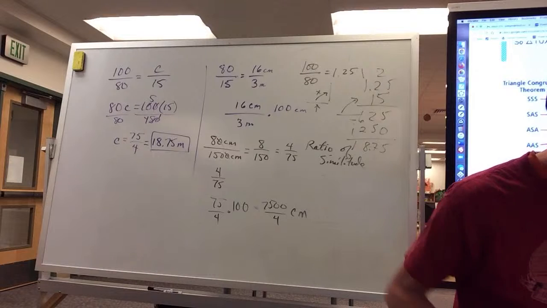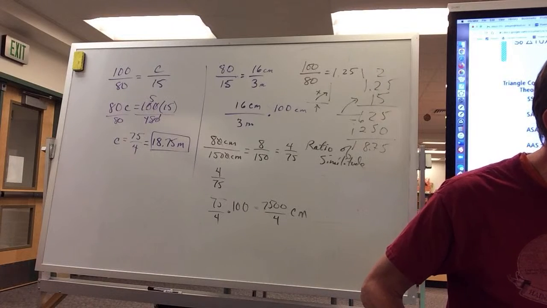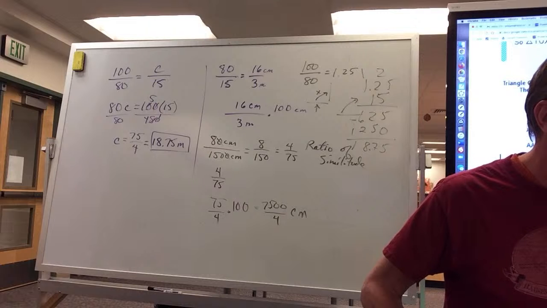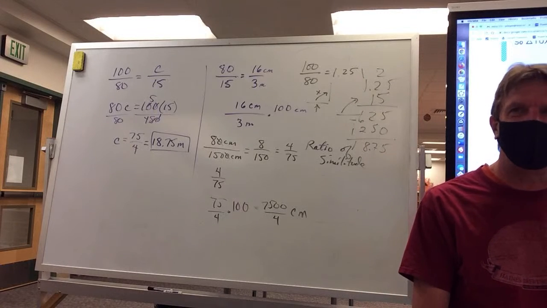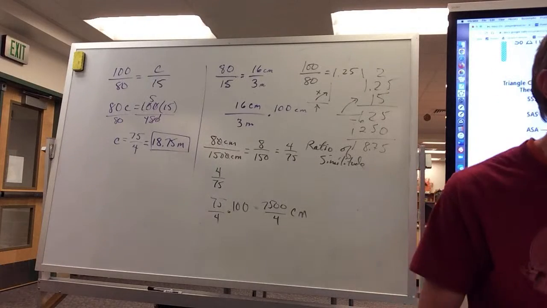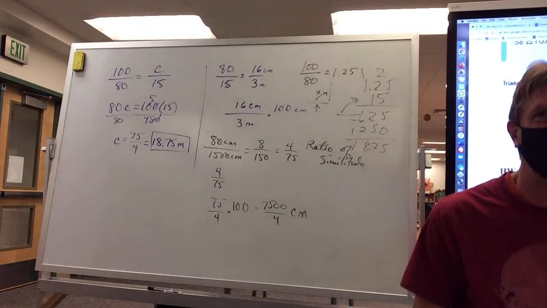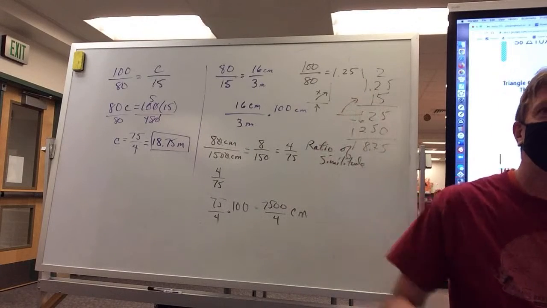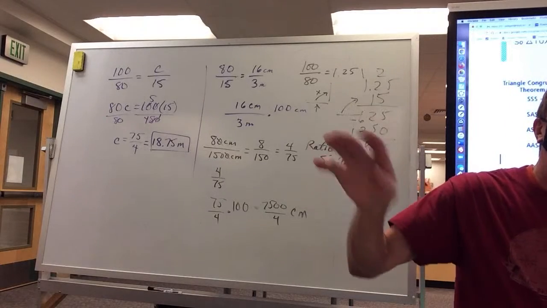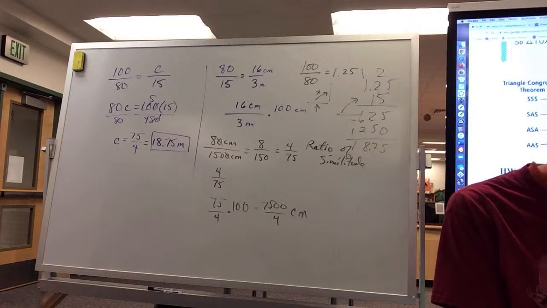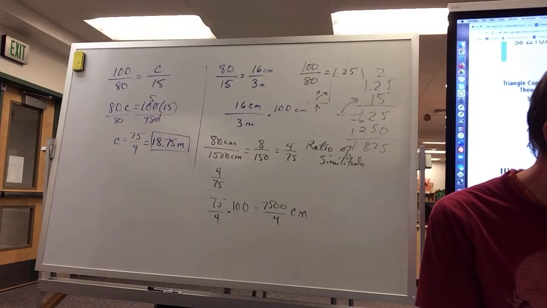So for 3, 4, 5, and 6, you're just saying whether they're similar, and what is the theorem that guarantees it. You're not proving anything, you're just stating them. So what's the theorem for the third one?